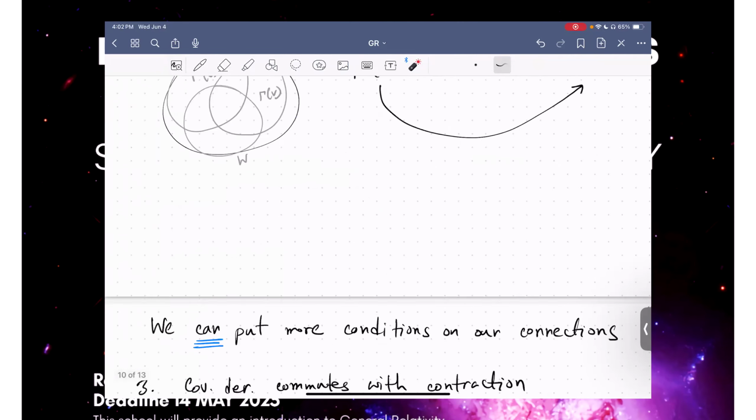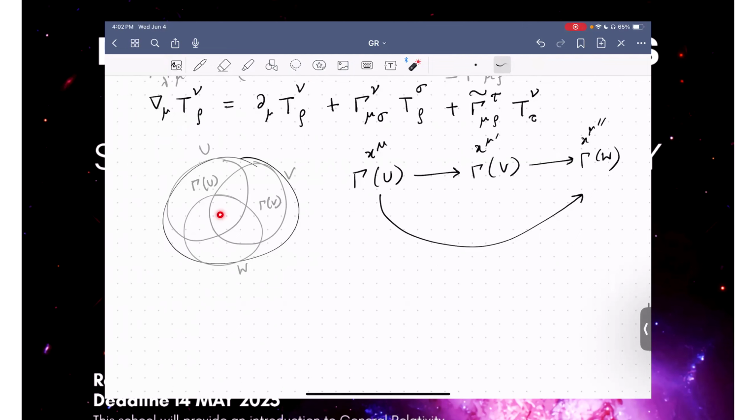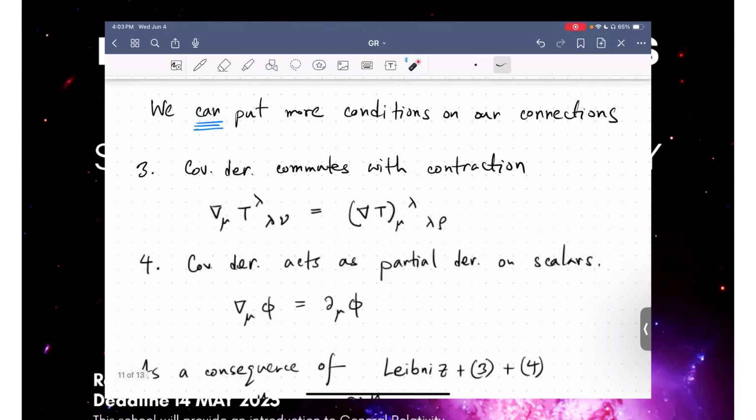So let's look at the picture of our manifold. Suppose you are transporting something from here to something here. Now you can describe this using the coordinates of this chart or this chart or this chart. And the statements that we make about parallelly transporting things, we want them to be the same in all coordinate charts.